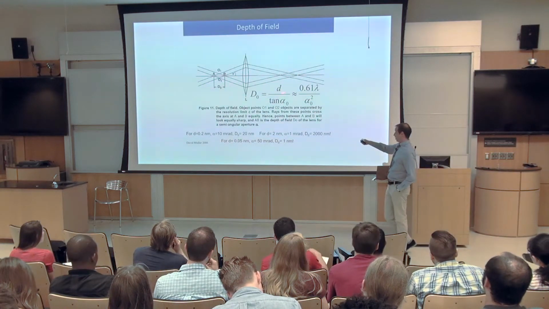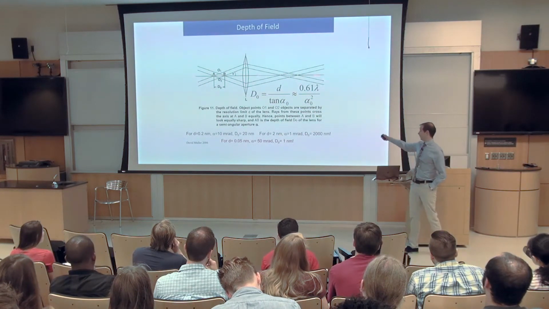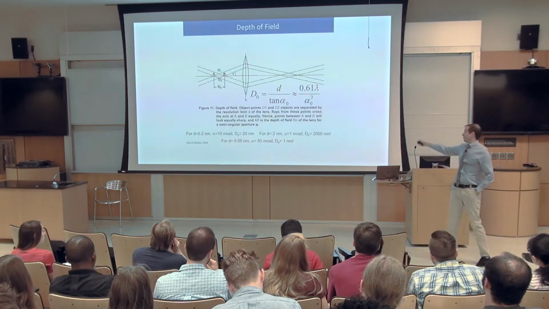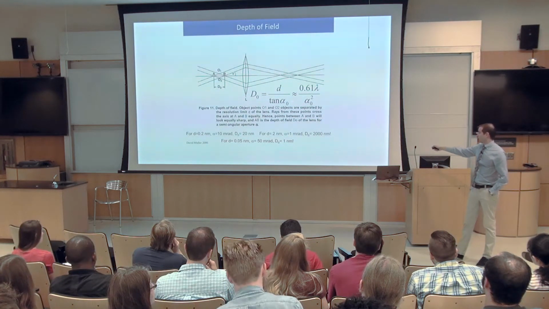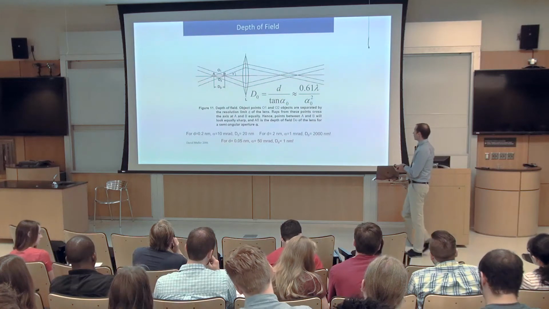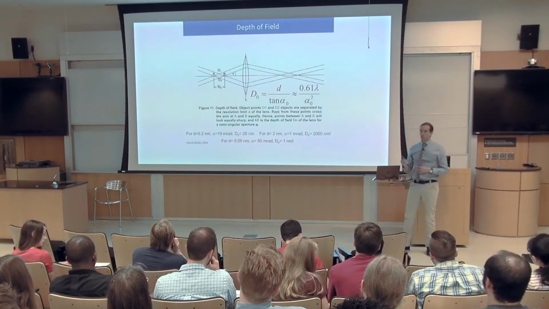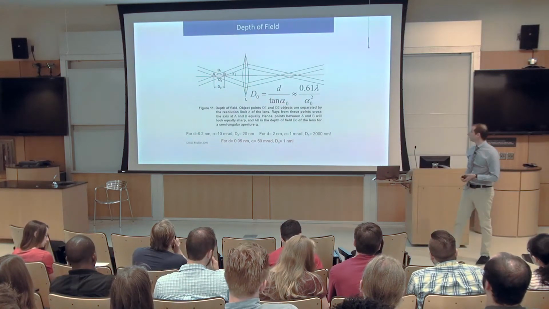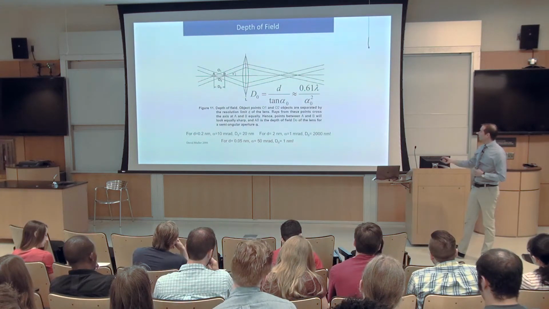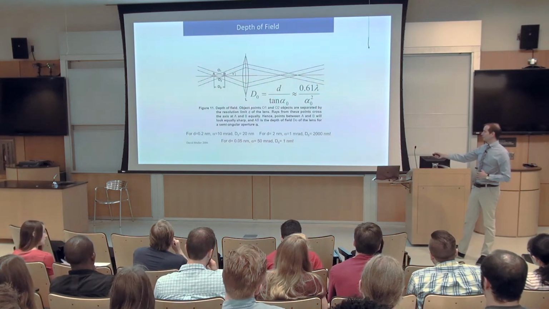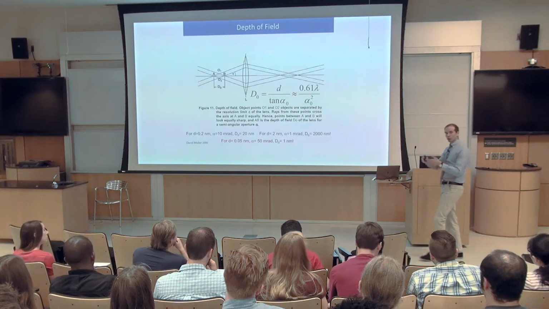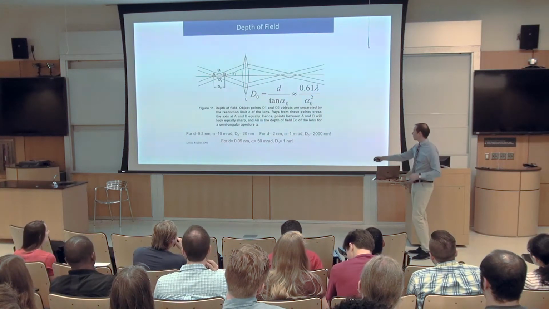If we define this tolerable resolution to be our diffraction limit, we get an expression that's 0.61 lambda over alpha squared. This would be for, say, ADF STEM. And if we go beyond this range, D naught, then we'll start to see blurring effects.